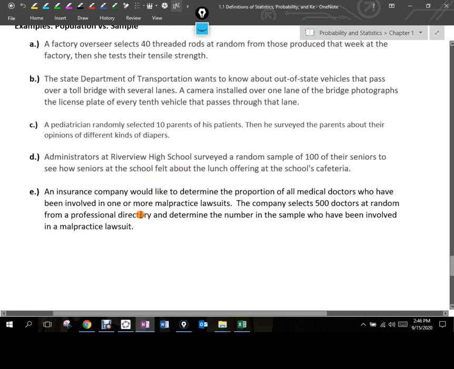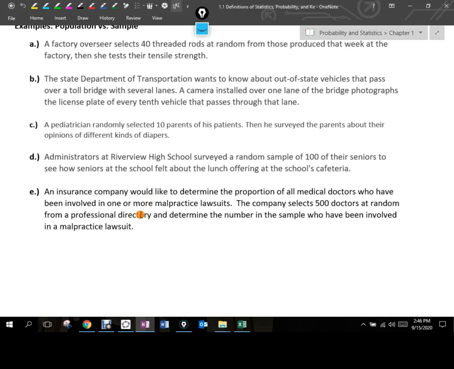When you guys were in My Open Math, there was a question about people who went to vote somewhere, and then it asked you A, B, C, D, E, and F: identify the population, identify the sample, identify the individual data values.